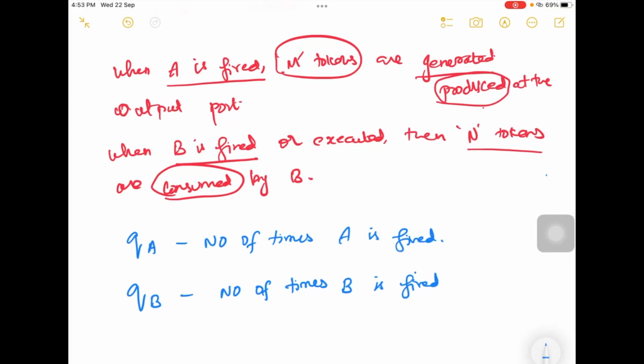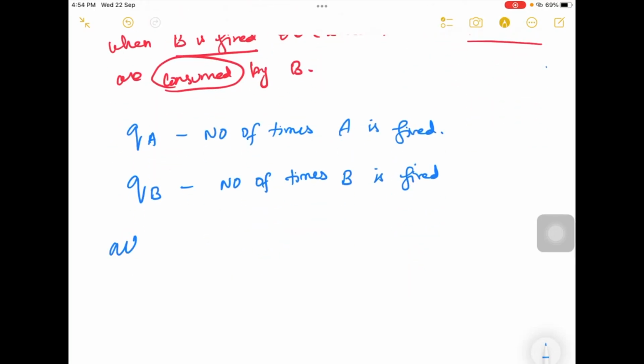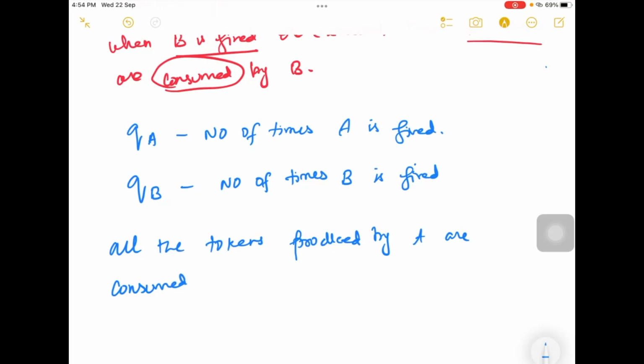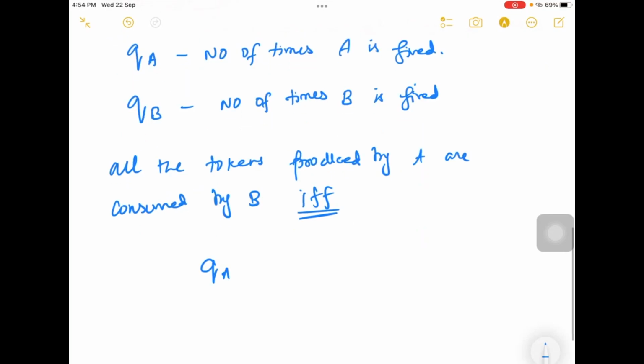All the tokens produced by A are consumed by B if and only if QA into M equals QB into N. Please remember this formula.